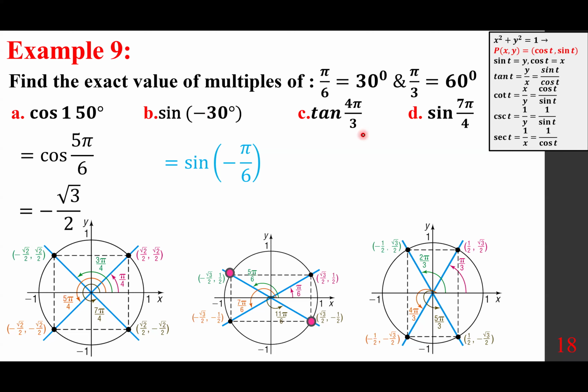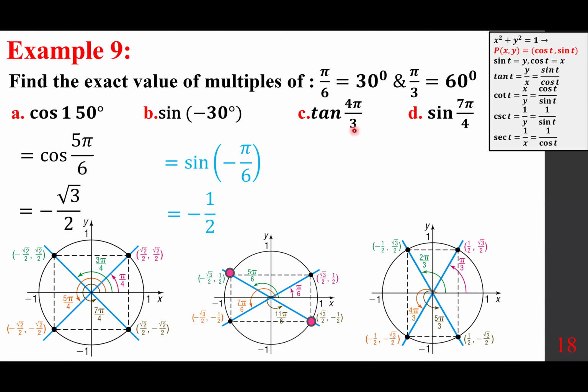Tan of 4 pi over 3. So this is 4 pi over 3. Cosine is negative 1/2. Sine is negative square root of 3 over 2. And so the ratio of sine over cosine. Sine of negative pi over 6 is negative 1/2.